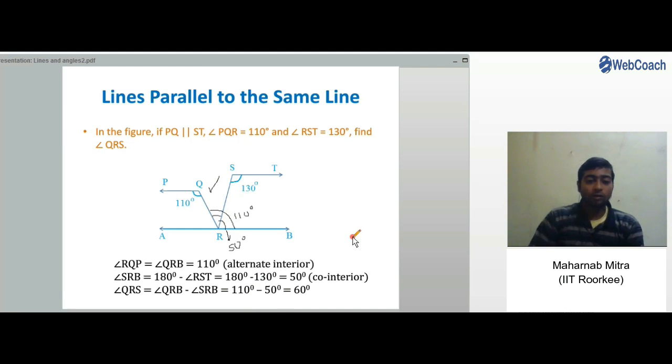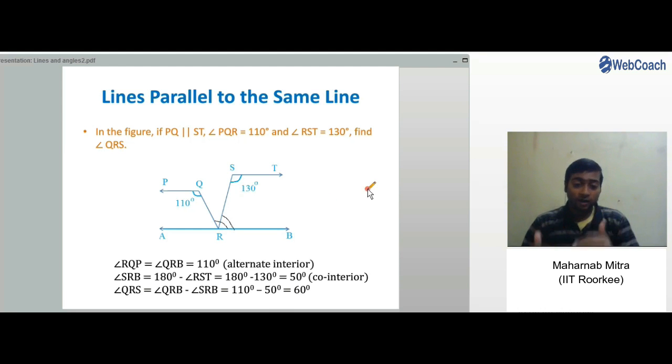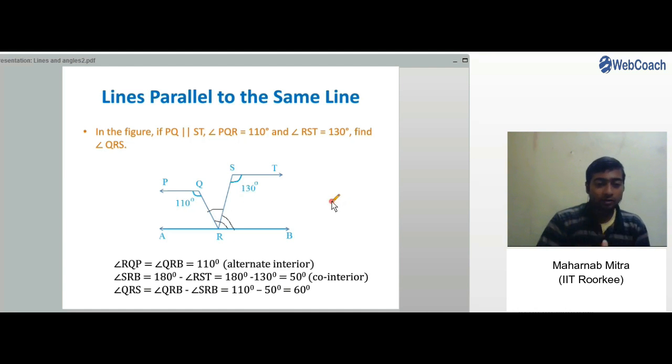Now what we have done, we have found out angle QRB and angle SRB, and we subtracted them to get the value of the angle we needed, which came out to be 60 degrees, right? Because angle QRS plus angle SRB will add up to angle QRB.